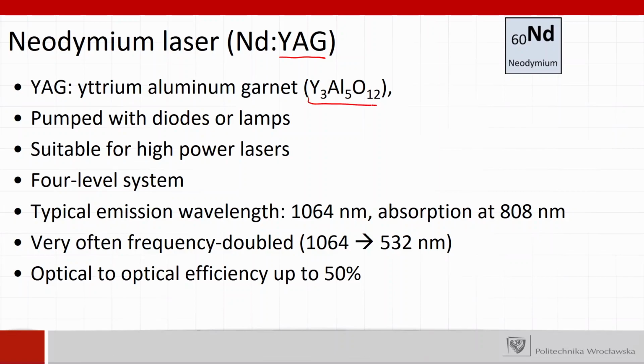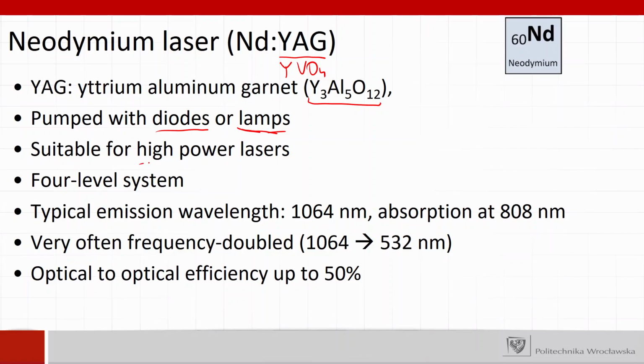Here you can see the composition, or yttrium orthovanadate, which is YVO4. I will say about YVO a little bit later. These lasers can also be pumped with lamps or with diodes. Diode pumping is much better than lamp pumping. I will explain it in a minute.